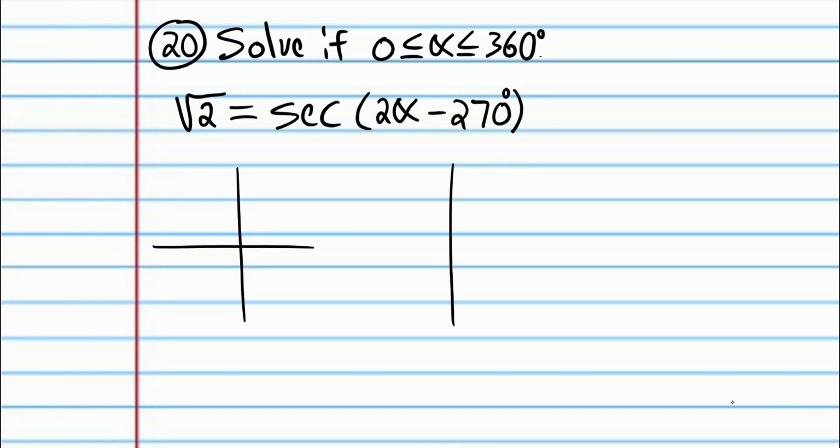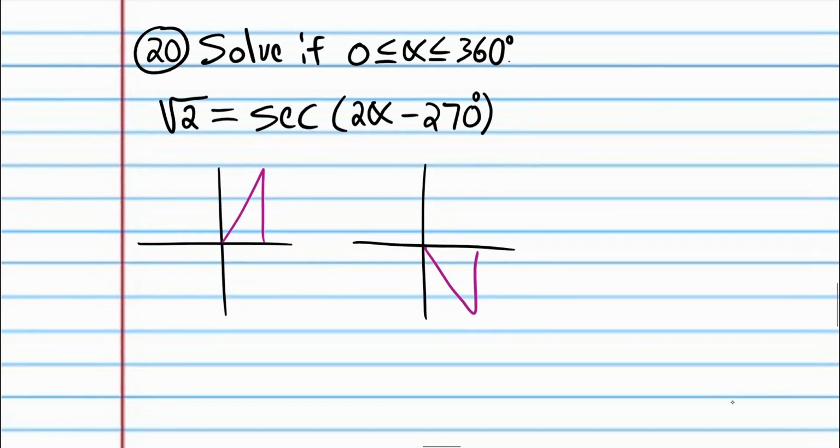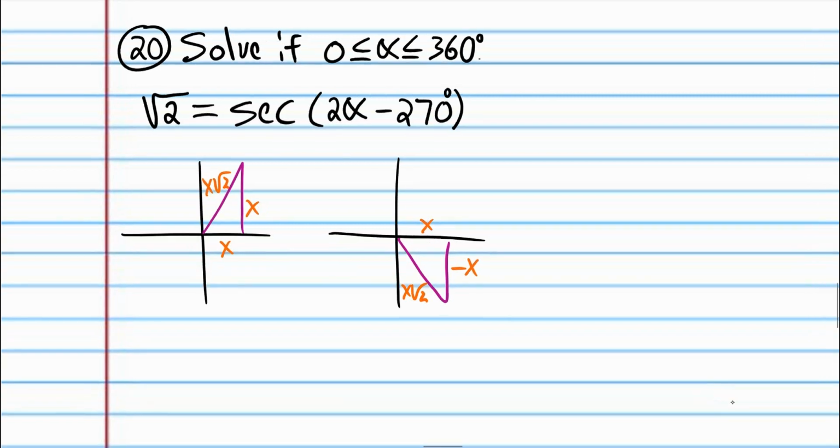Okay, we're back. You can probably recognize this as x, x, root 2 x, which means we have a 45-45-90 reference triangle. And secant is positive, which means that our triangles are in the first and fourth quadrants. And of course the hypotenuse is x root 2. And we have x and negative x.